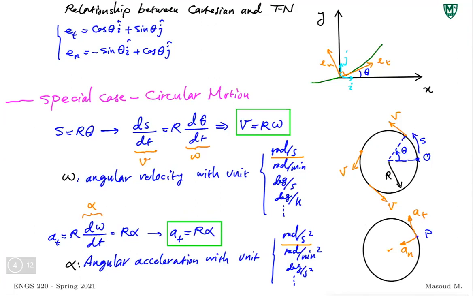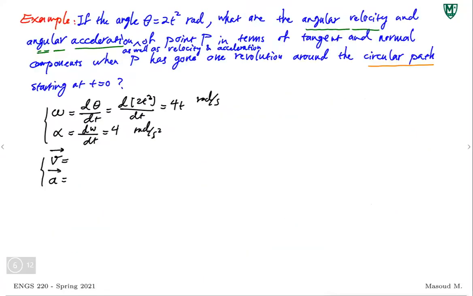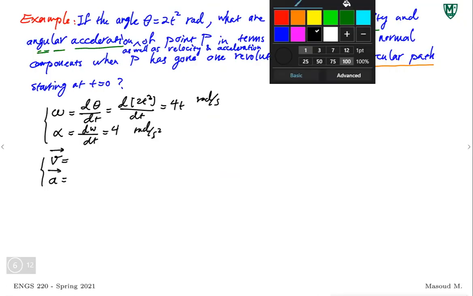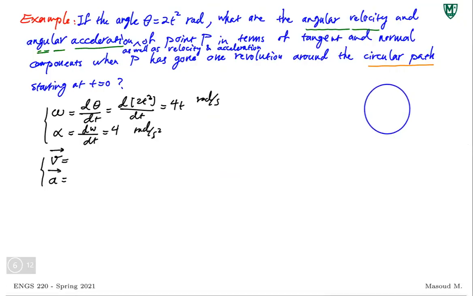We already know omega. Yeah, I didn't give you R. That is part of the problem I'm adding here. So in case you were wondering how we calculate this without R, it's because I didn't give you R. R is equal to 4 meters.